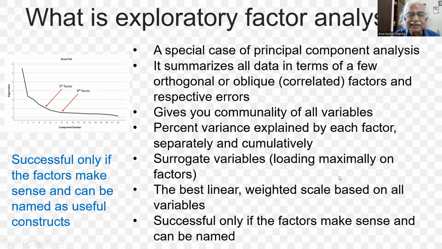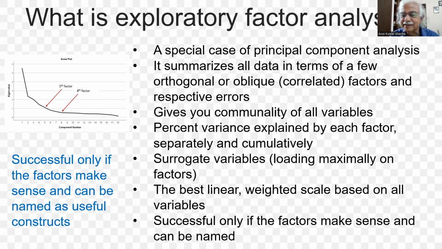This factor analysis also gives you the commonality of all the variables, that is, how much variance of a particular variable is shared by the factors that you are considering. If you consider all the factors, meaning all the principal components, then the commonality is 100%. But if you are considering only a few factors, 3, 4, 5, 6 factors, then the proportion of variance of x1 explained by these factors is called commonality.